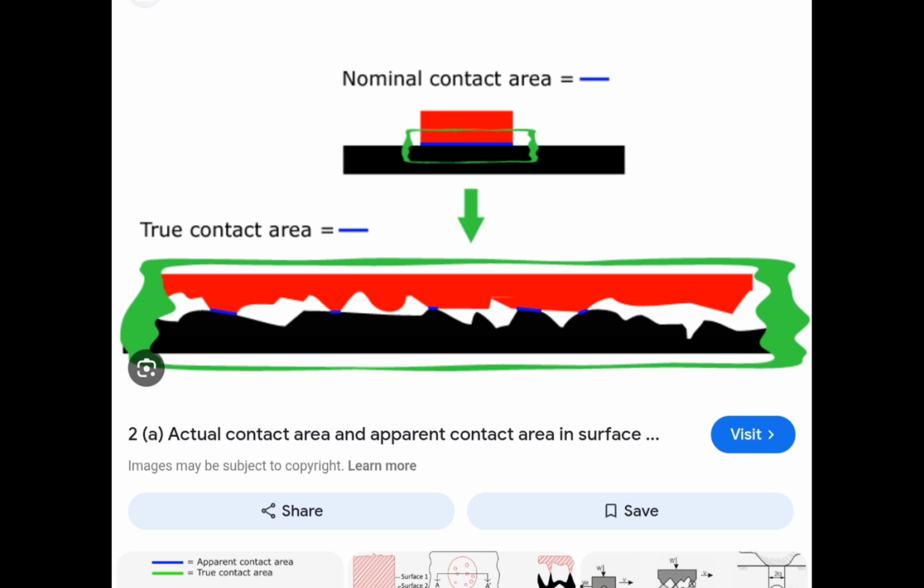Friends, this is the example of contact area, from the first question we read. This is a picture. Just observe the picture and understand. From the first and second image, nominal contact area and true contact area. If you are confused, go back and read the first question, then again see this picture.